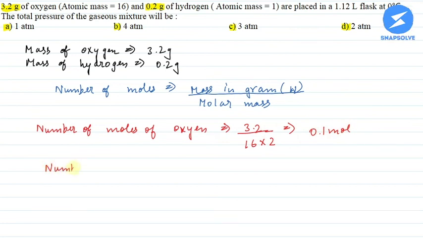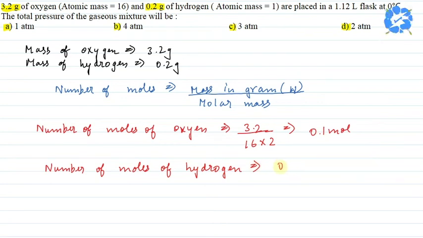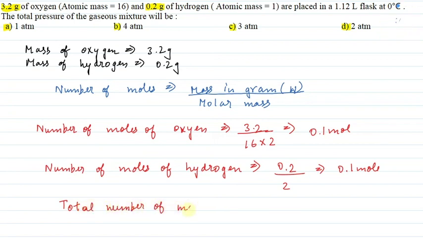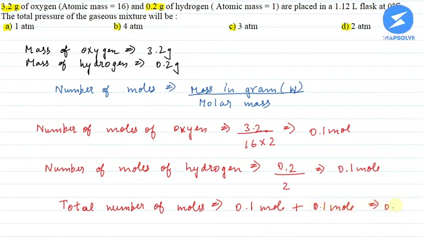Similarly, number of moles of hydrogen is equal to 0.2 gram divided by 2, which comes out to be 0.1 mole. So, total number of moles will be equal to 0.1 mole plus 0.1 mole, which comes out to be 0.2 moles.